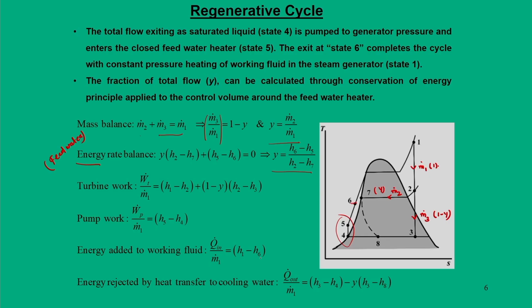So, actually it is H1 minus H6 where heat will be added, and the temperature rise from H5 to H6 is attained by the feed water system. So, the heat energy rejected by the cooling water, which is Q out, is H3 minus H4 into y times H3 minus H8. So, these things were discussed in the regenerative cycle.